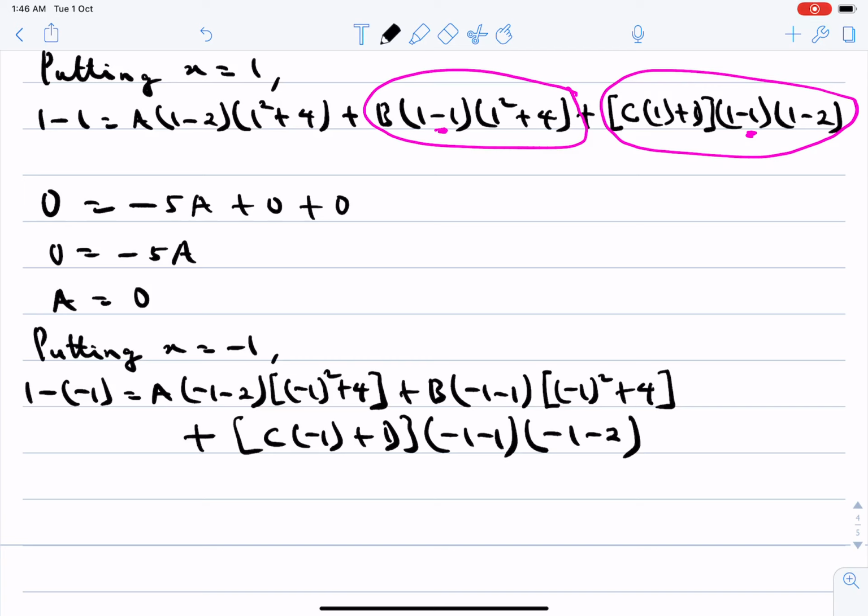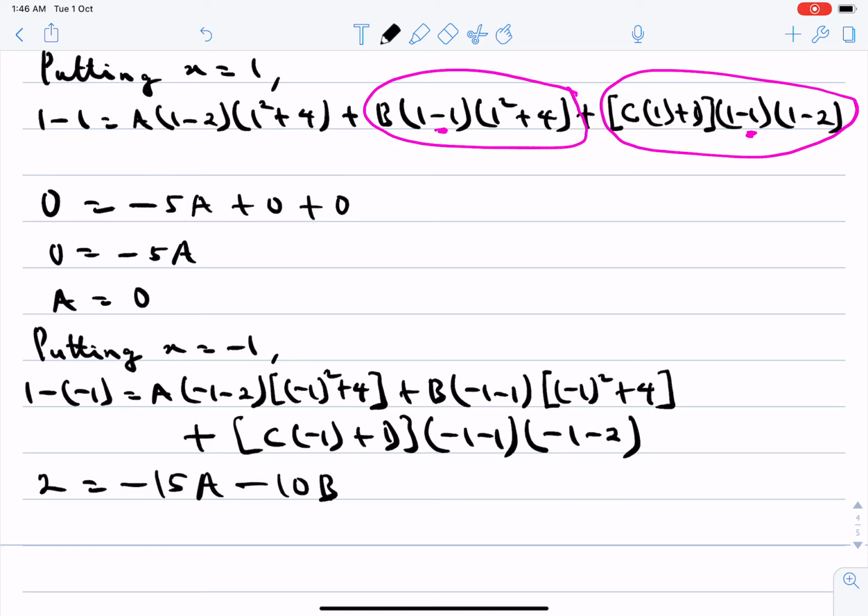And this simply means 1 minus minus 1 is 2. 2 equals, this will be 1 plus 4, 5 times minus 3, minus 15 times a, minus 15a, minus 2, that's 5, minus 10b.